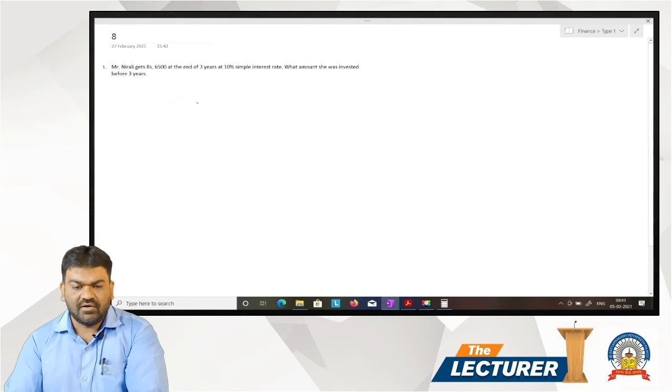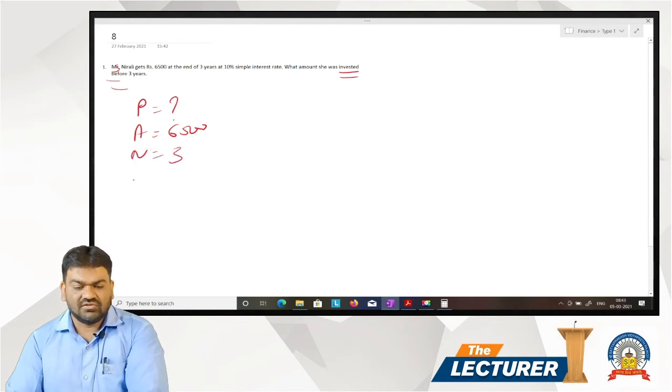Next, example number 8. Miss Nirali gets rupees 6,500 at the end of 3 years at 10% simple interest rate. What amount did she invest 3 years ago? Invested amount, that is P, we have to find out. She will get 6,500 at the end of 3 years.